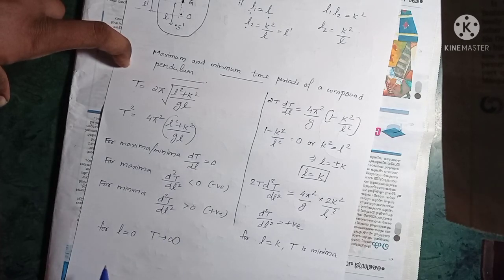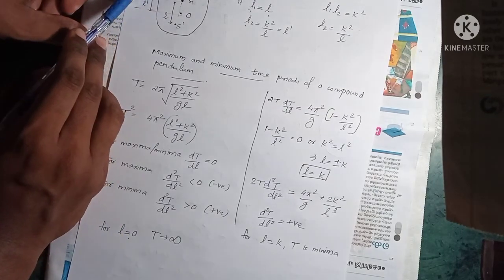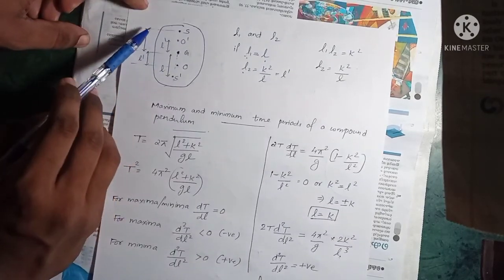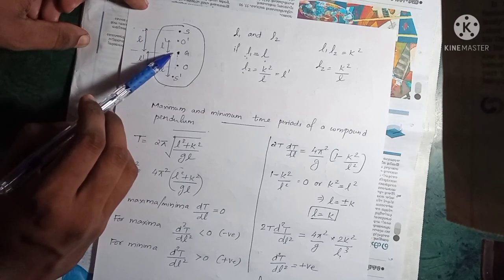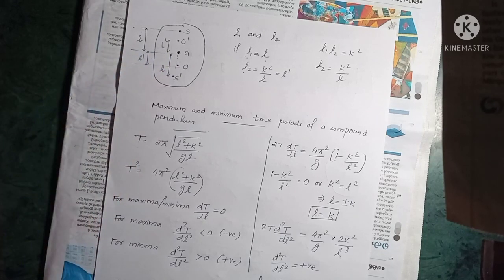L equals 0 means the point of suspension will be the center of gravity itself. So at that point, time period will be maxima.